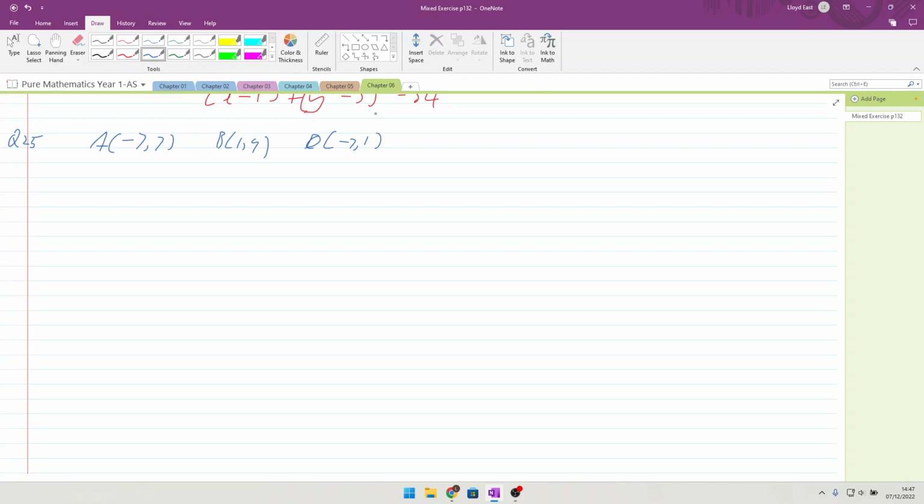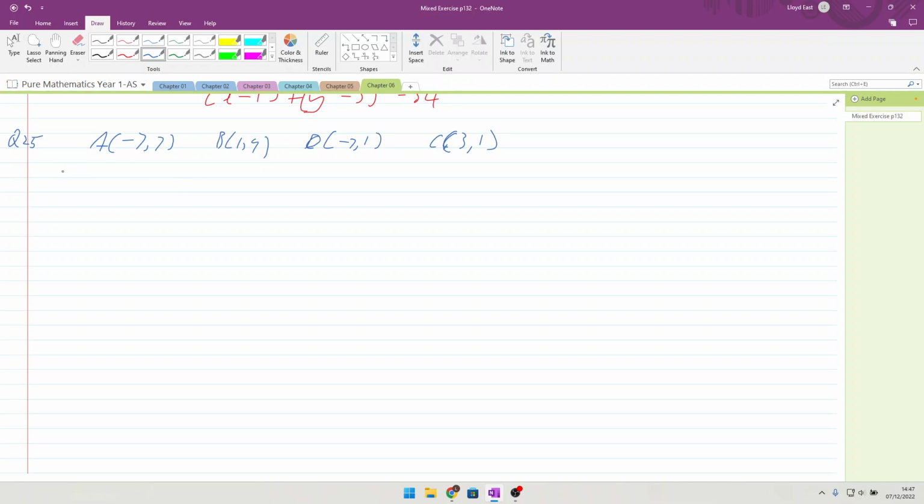Oh, hang on, they do give us a C as well: C (3, 1). They want to find the equation of the perpendicular bisector of AB.